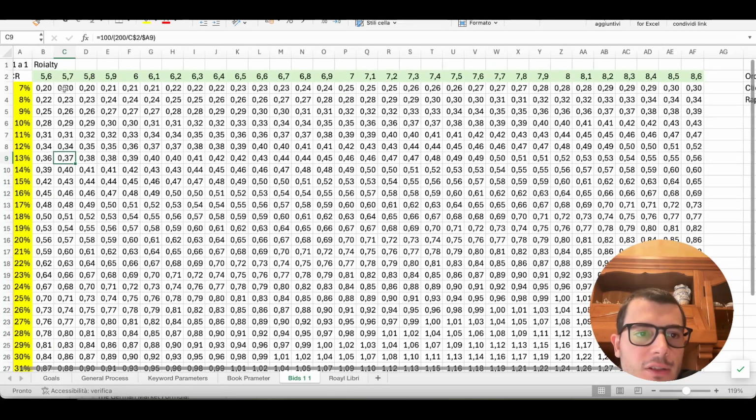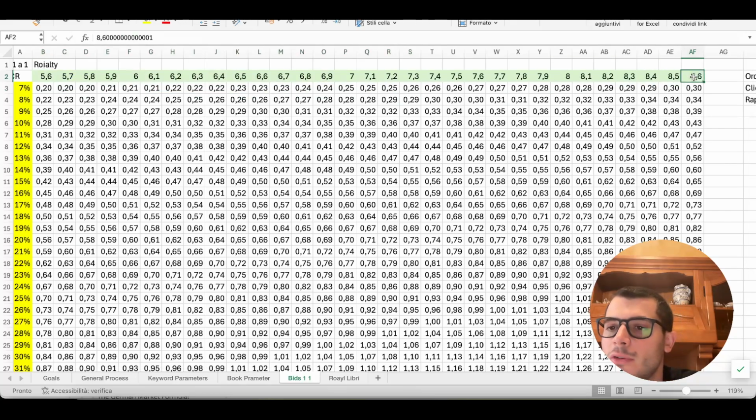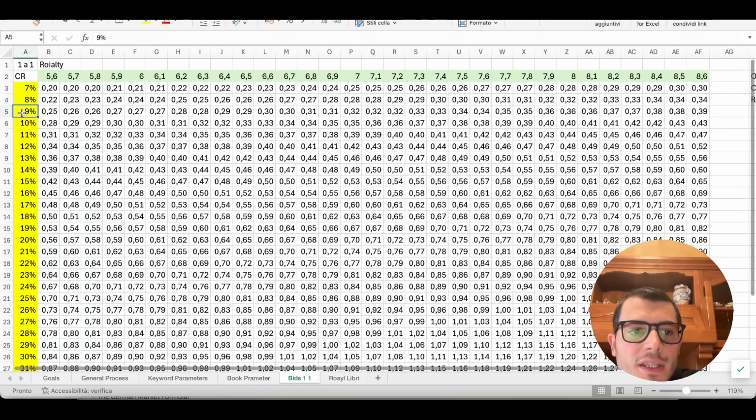So if the royalty of your book is from, just to show you, $8.6 to 5.6, you see that there are 10 cents less, even 14 cents less, if you have the same conversion rate but a different royalty.